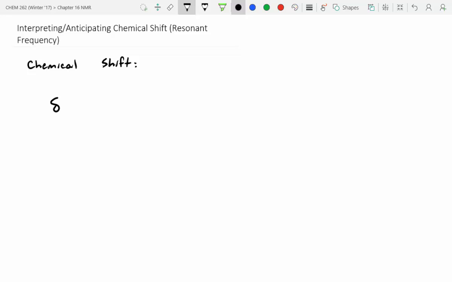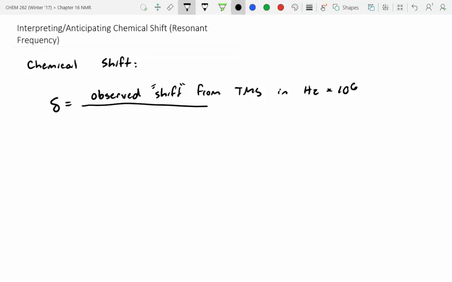And chemical shift, parts per million, is normally abbreviated with a lowercase delta. And it's the observed shift from TMS in hertz times 10 to the 6, divided by the operating frequency of your NMR.